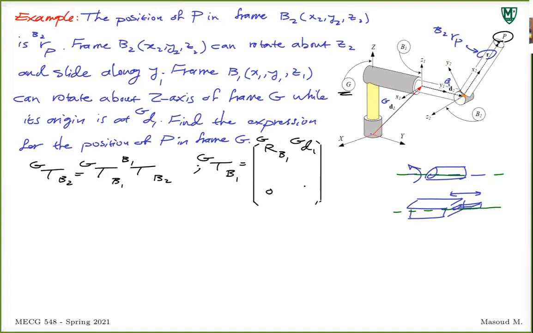And then you have T B2 B1, which is basically the rotation between these two frames, and wherever the origin of frame B2 is in frame B1.